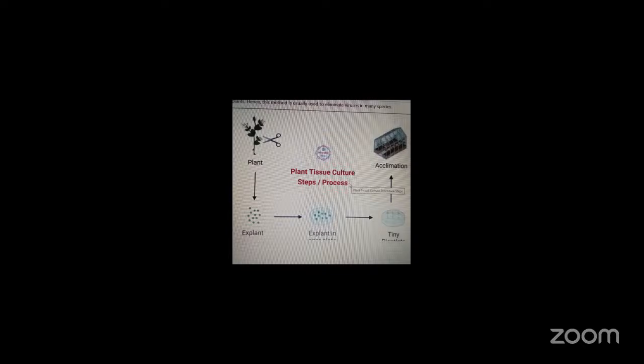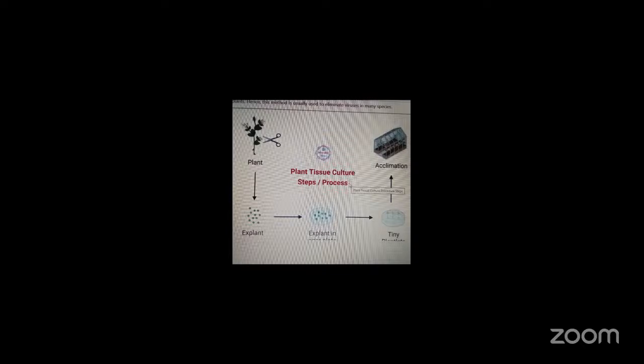So in the indirect method callus is formed, but in the direct method there is no callus. Shoots or buds directly develop into organs. That process we call direct organogenesis.